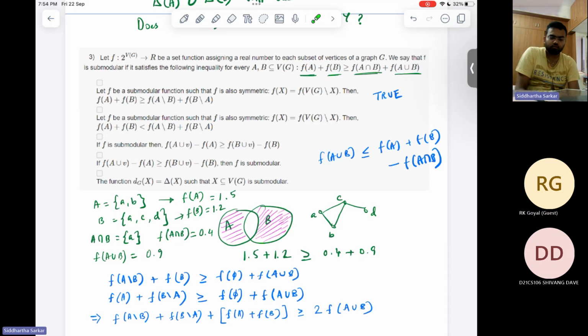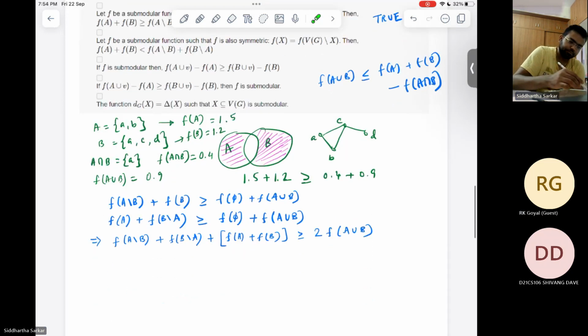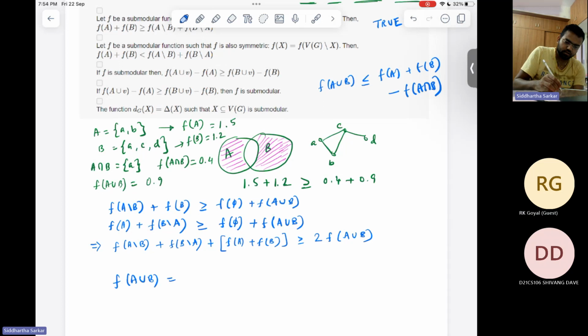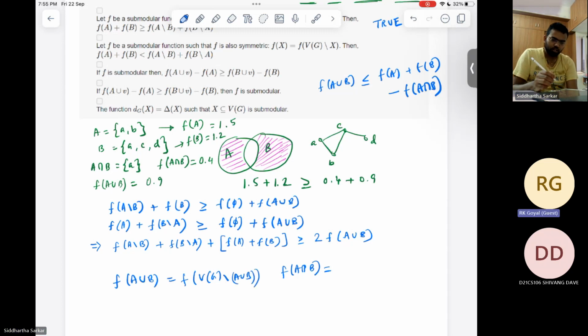Observe that the complement of f of a union b, by using this symmetricness, is f of Vg minus a union b.